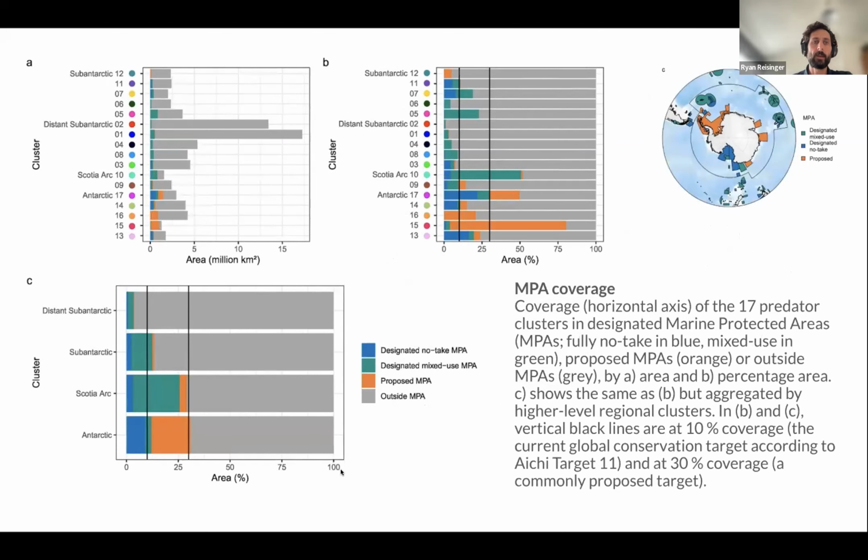And finally, we wanted to look at the coverage of these clusters in the existing and proposed MPA network.